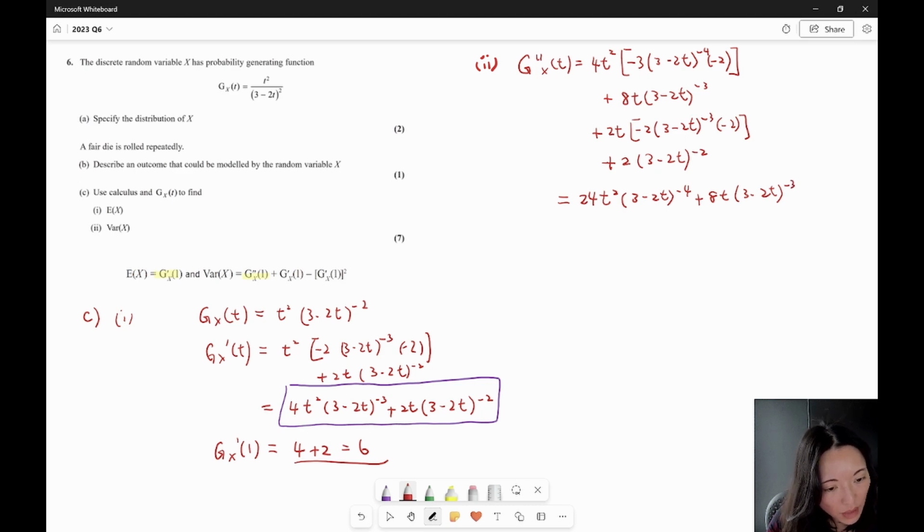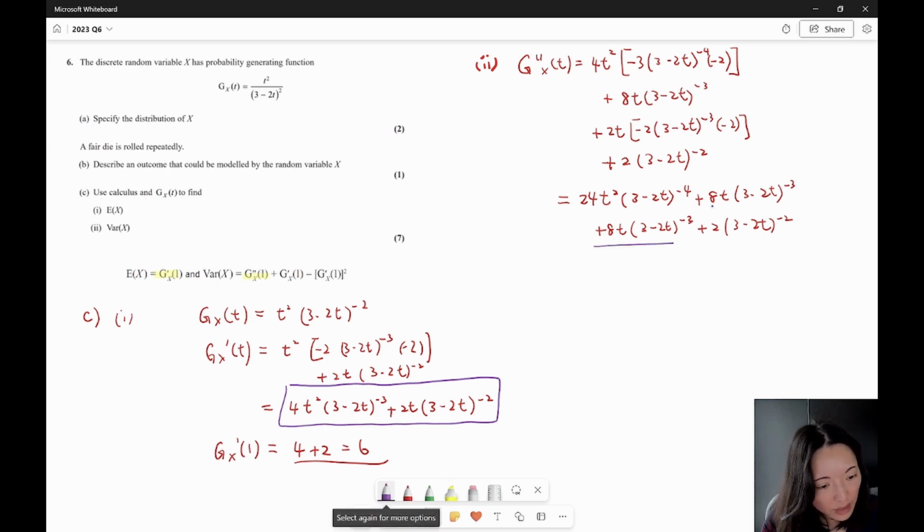The next term is also going to be 8t times 3 minus 2t to the -3 plus 2 times 3 minus 2t to the -2. That's great. Looks like I can even simplify that further.